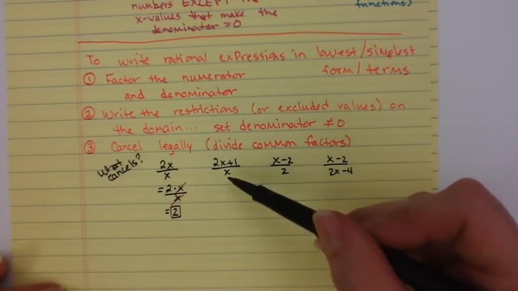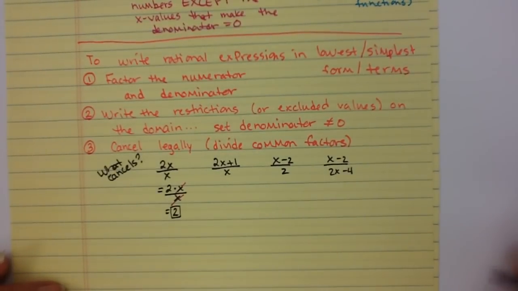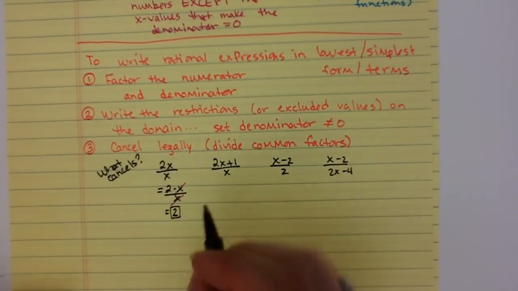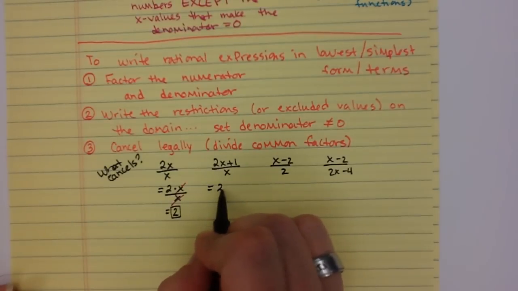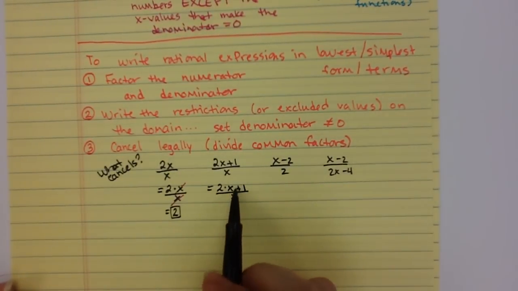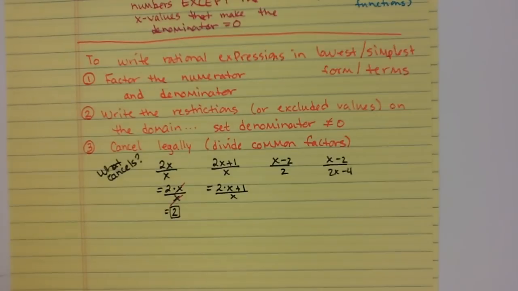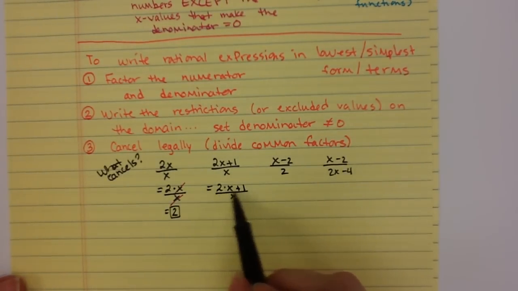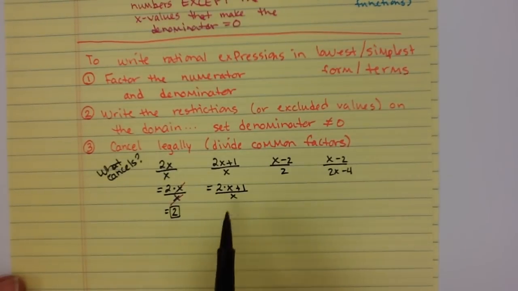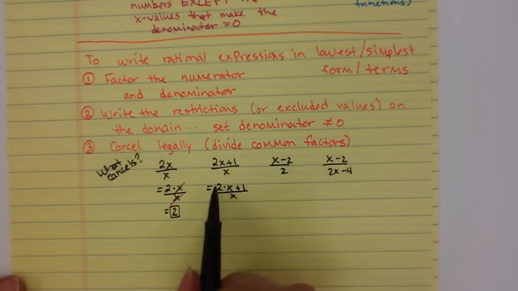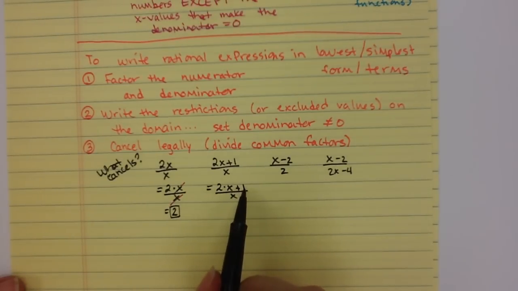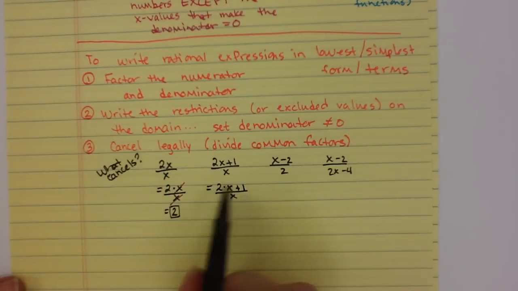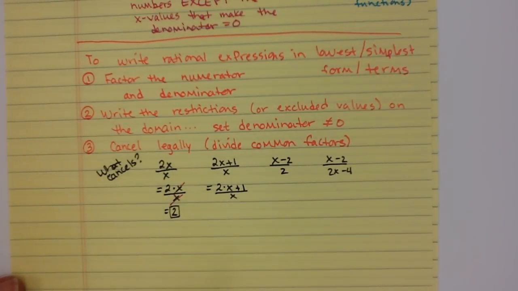Let's look at 2x plus 1 over x. If we break this down into multiplication, that's just 2 times x plus 1 divided by x. Now this addition is like super glue. We cannot cancel off the plus 1. It is stuck to the 2x like none other. So we can't cancel anything as long as there's addition going on, if it's not in parentheses being multiplied by something else.